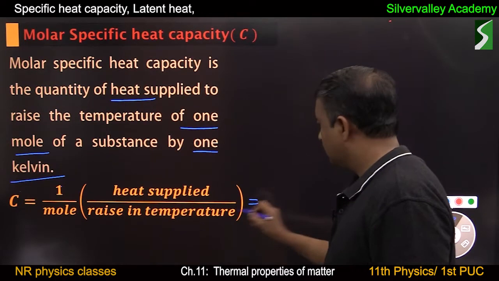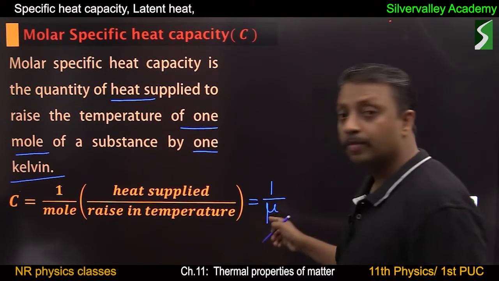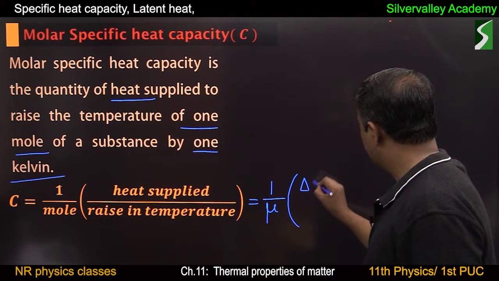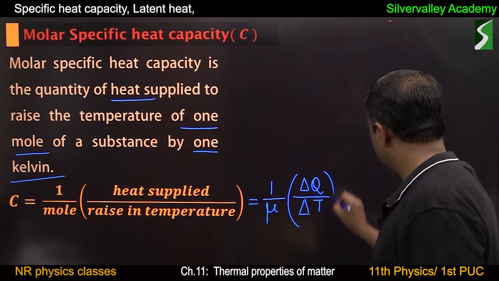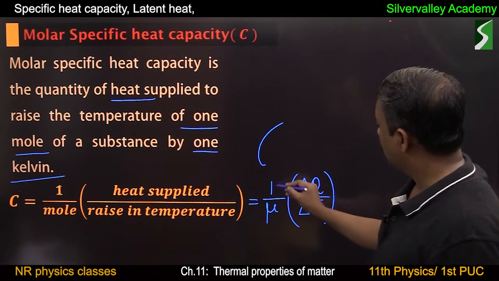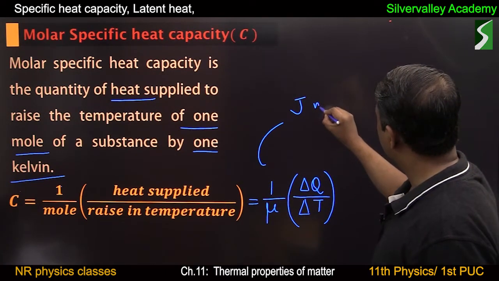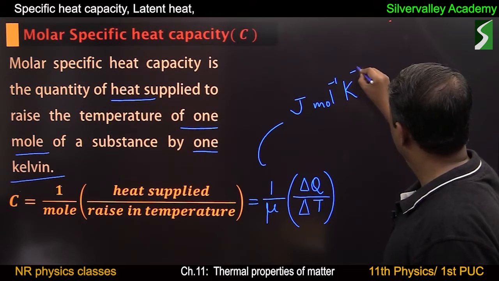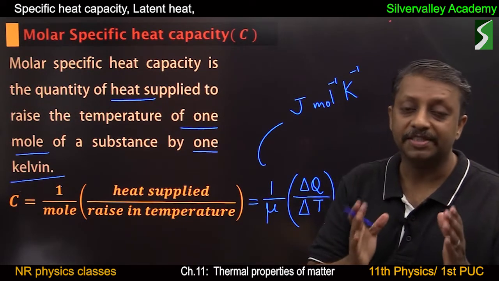So 1 by mu, where mu stands for number of moles, into delta Q, heat supplied, by delta T. So the SI unit of this is joule per mole per Kelvin. This is molar specific heat capacity.